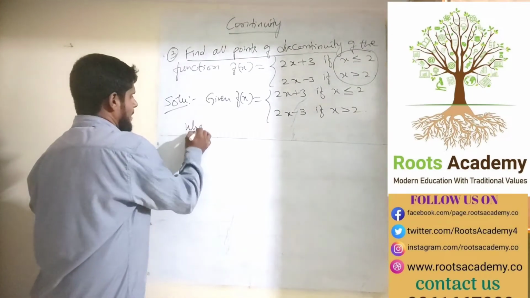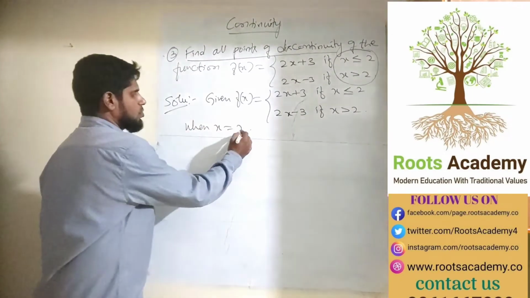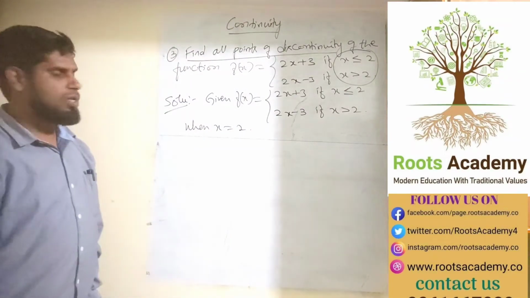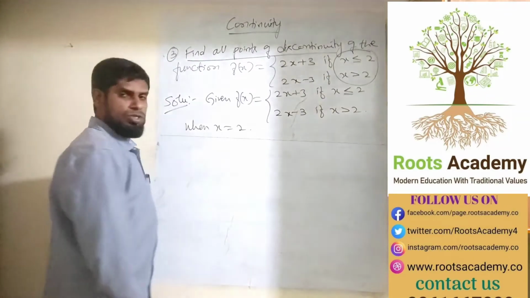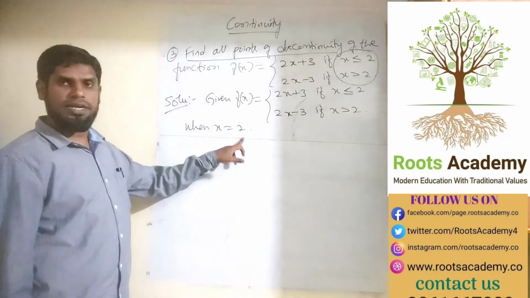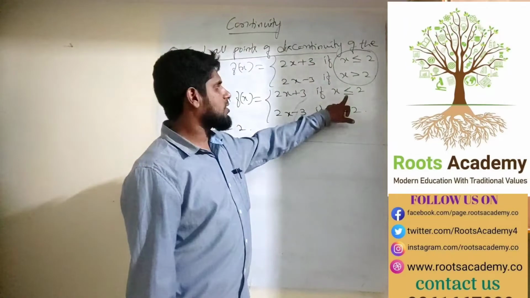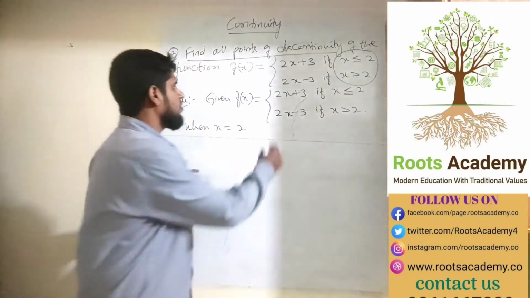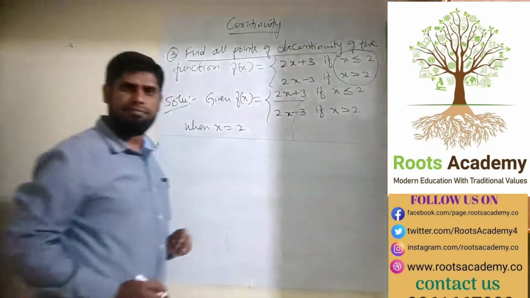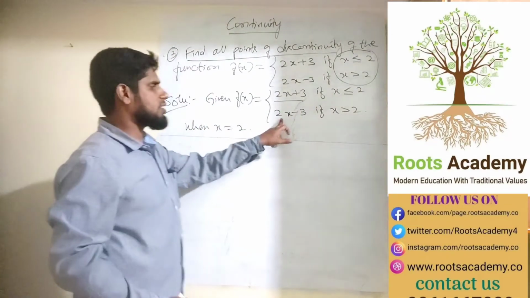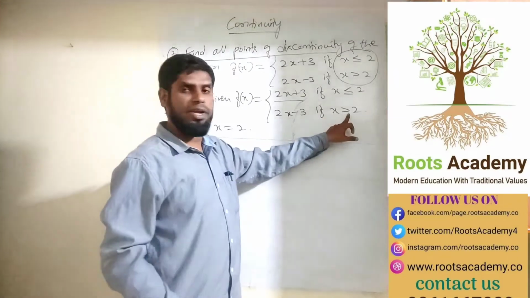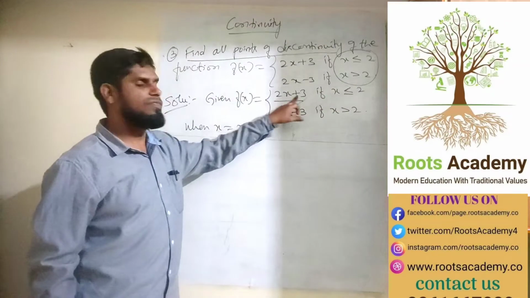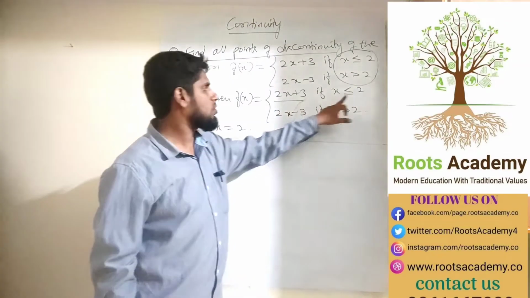First, when x is equal to 2, if I take x as directly 2, then what happened to the function? So student, here when I am taking x is directly equal to 2, then see there is the equality sign here in the first condition. So at that time, for me the function is this one. I cannot take this as the function because here there is no equality sign. There is the equality sign here, so I must take this as the function when x is exactly equal to 2.